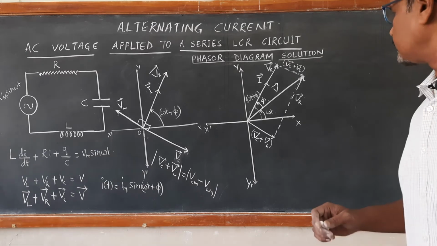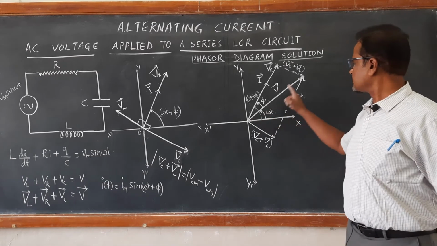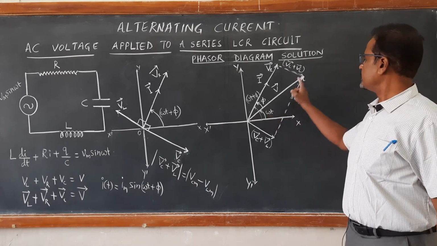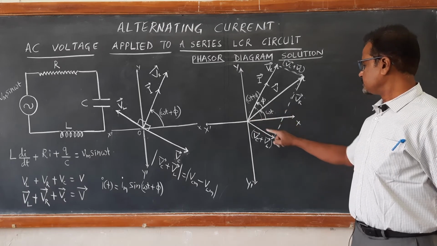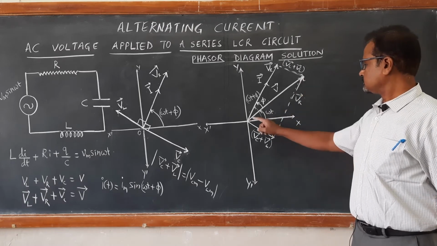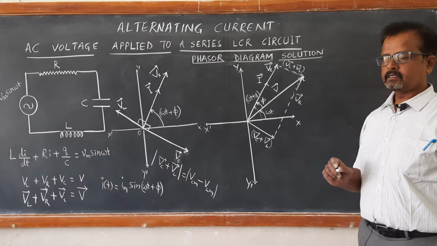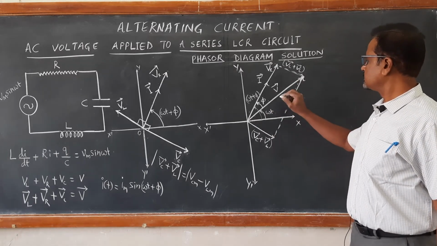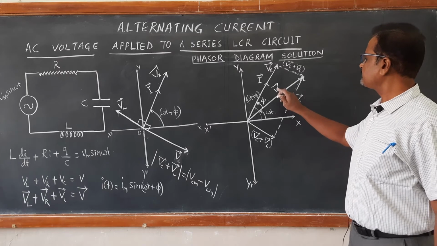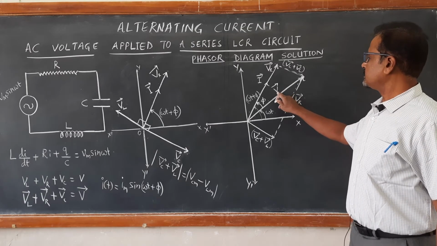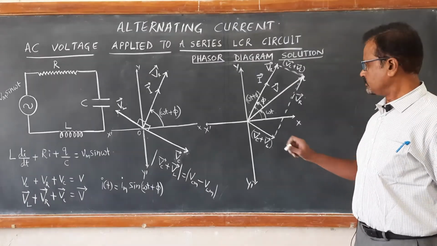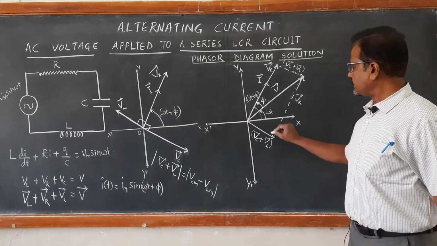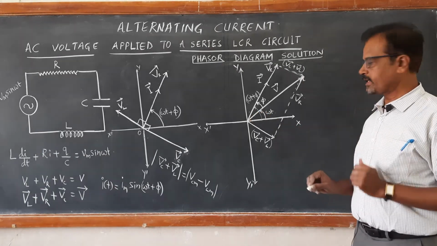Now let us find out the magnitude of this resultant phasor V. Using this right triangle, we can apply Pythagoras theorem and find out the magnitude of this resultant vector V. In this right angle triangle it has two vectors.